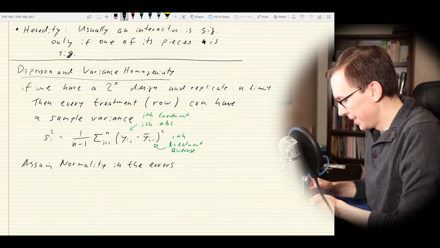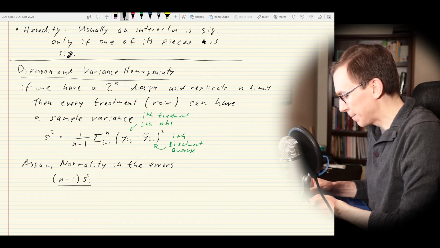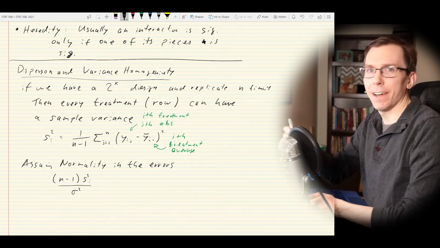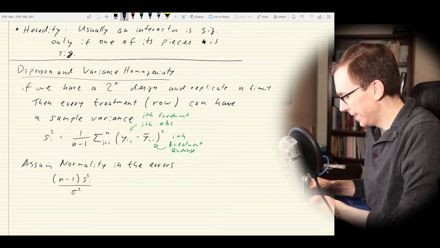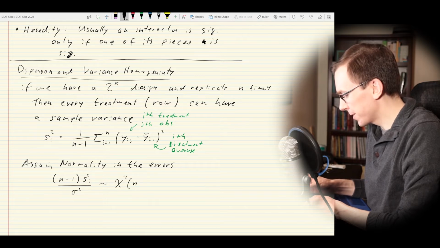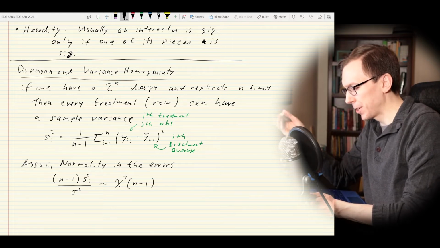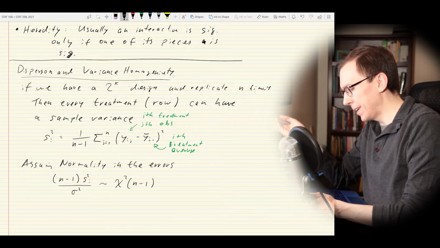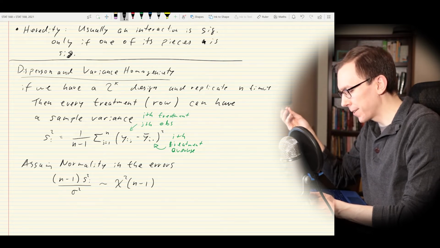In our case, n minus 1 times S_i squared divided by sigma squared, where sigma squared is the variance of the errors, will have a chi-squared distribution with n minus 1 degrees of freedom. It's just a sum of a bunch of centered normal random variables, and then we scale it by n minus 1 and sigma squared.